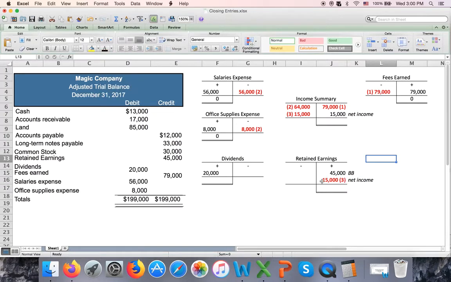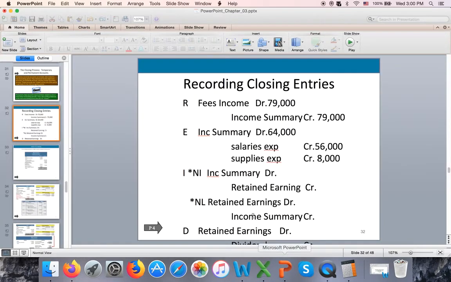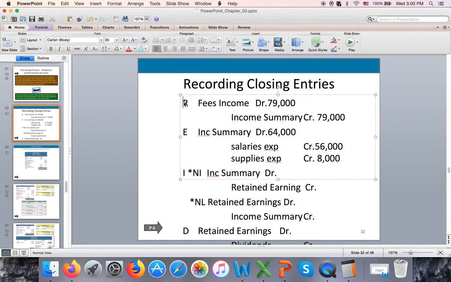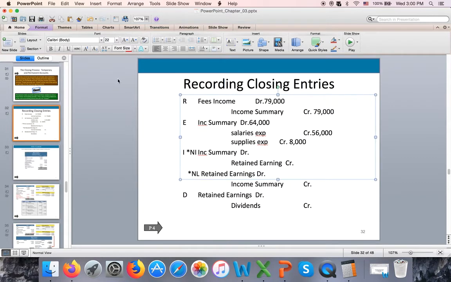So guys, with the income summary, we could have a couple of different scenarios. The scenario that I'm showing to you here is an example of net income, right? So we have income summary has a net income of $15,000. By the way, if you're not doing T accounts, how do you know it? Well, look at the credit, 79, and look at the debit, 64.